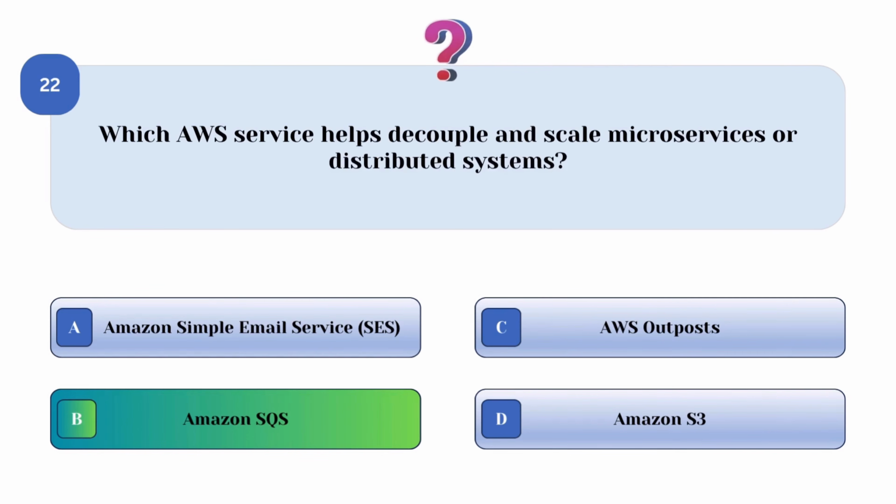Explanation: Amazon SQS enables message queuing, allowing microservices to communicate asynchronously and independently. Why others are incorrect? SES: email sending service, not for message decoupling. Outposts: hybrid cloud solution, not for app decoupling. S3: object storage, not used for messaging.